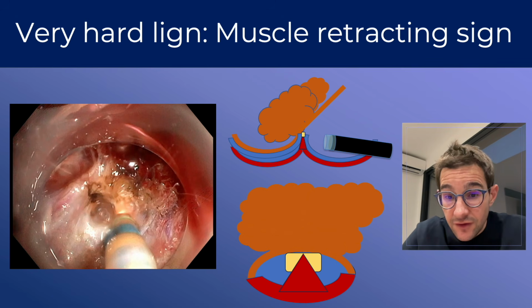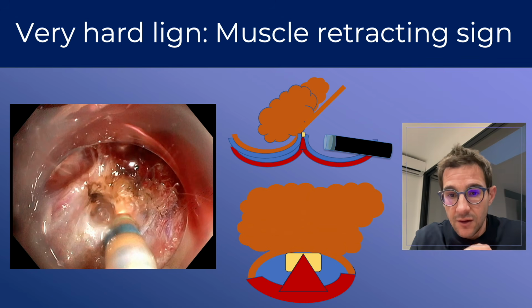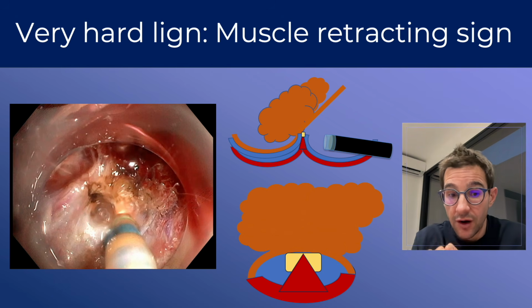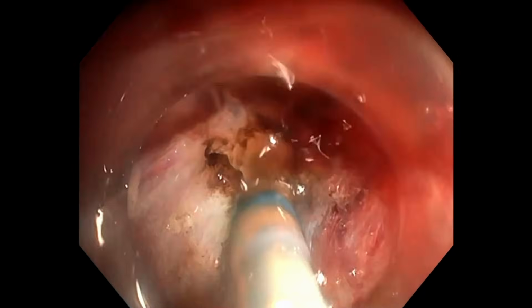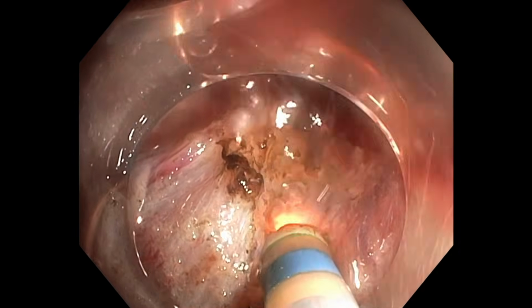The most difficult ESD is probably the muscle retracting sign, and in this case it's very difficult because the muscle is attracted by the protruded lesion, and you will have a lot of fibrosis at the tip of the muscle. In this case, probably the best way is to try to get blue on the two sides of this muscle retracting sign.